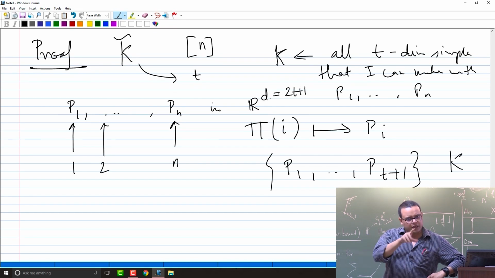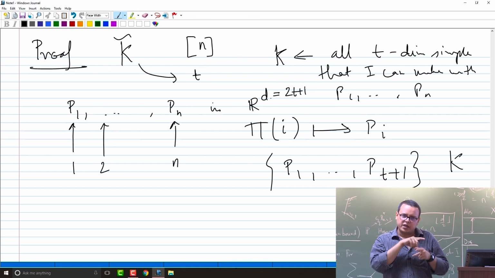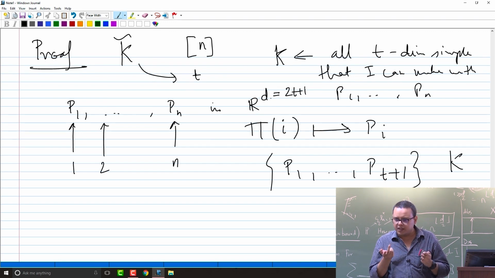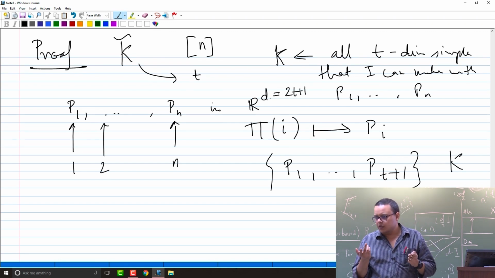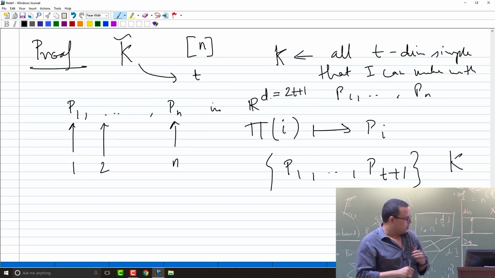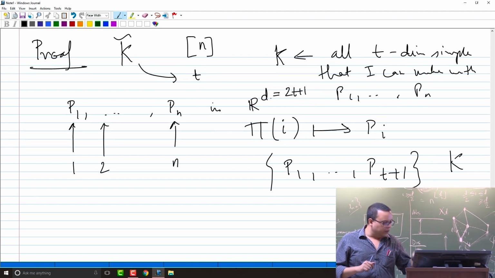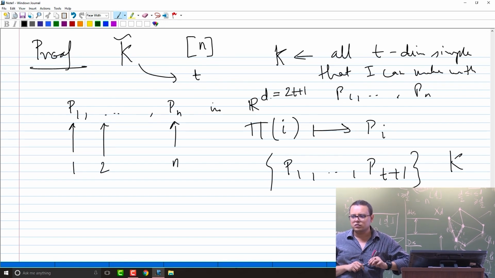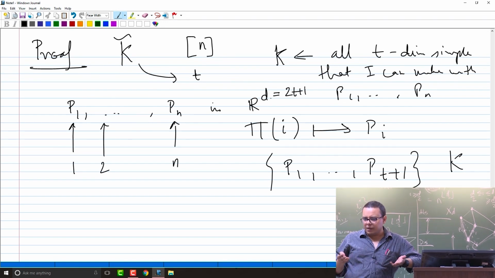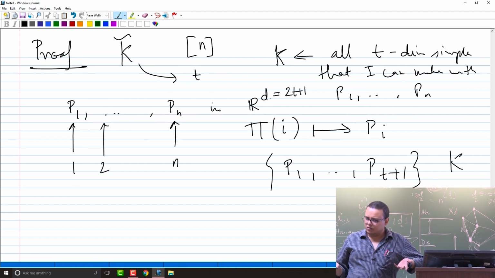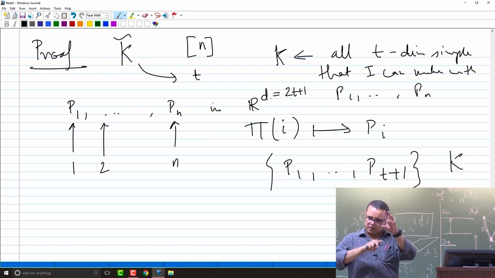At least the convex hull of this is included in K. But for it to be a valid simplex, what is the only thing I need? Affinely independent. Is P1 to P(t plus 1) affinely independent? Yes, because I have said any subset of size less than or equal to D plus 1, which is 2t plus 2, which is bigger than t plus 1, is affinely independent. So, good. I have proper simplices.